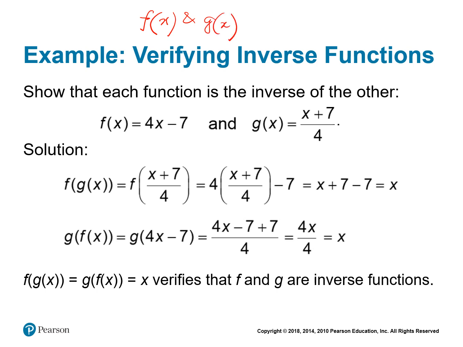If we create a composite function by plugging in g of x into f of x, the output value should be x. And likewise, if we take f of x and plug it into g of x function, the output should also be x. So whenever that happens, that means f of x and g of x are inverses of each other. So that's what the definition told us.